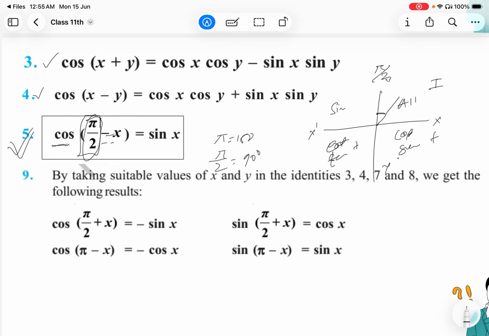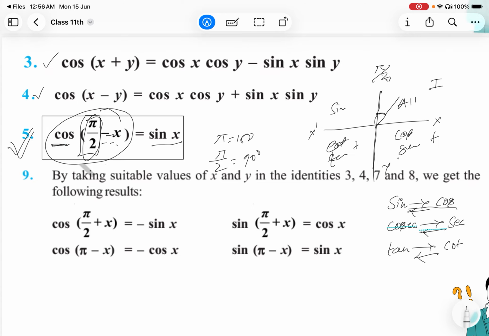In this first quadrant, all trigonometric functions are positive. Second, if we are making any angle with respect to the y-axis, then the function will change: sine changes to cos, cos to sine, cosec to sec, sec to cosec, tan to cot, and cot to tan. So cos(pi/2 - x) equals sin x. Cos changes to sine, and because all functions in the first quadrant are positive, we have positive sin x.